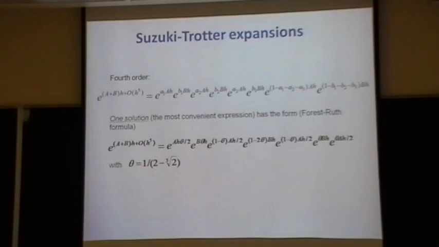Actually, there are many solutions. And we end up with a formula that is called the Forest-Ruth formula, which is pretty well known for people that do molecular dynamics, for instance, or Monte Carlo. So now, instead of 8 exponentials, we have 7. And these coefficients cannot be written in terms of this number here.